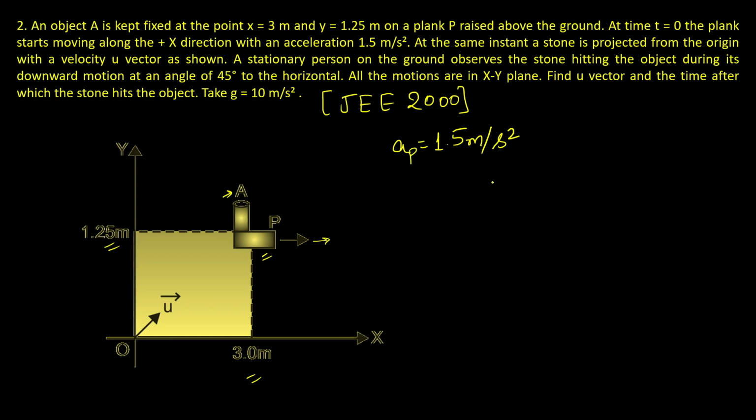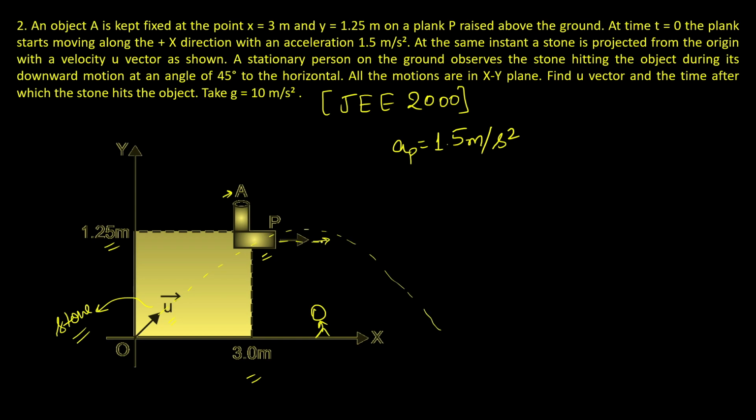At the same instant, a stone is projected from the origin with a velocity u vector as shown, like this. This is basically the stone over here. A stationary person on the ground, suppose here, observes the stone hitting the object during its downward motion. Suppose this stone is going like this and like this.